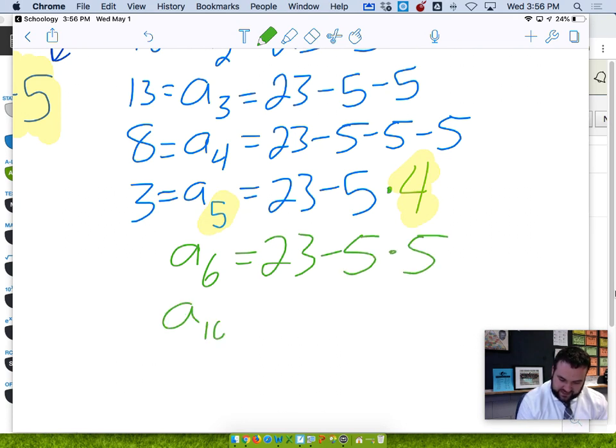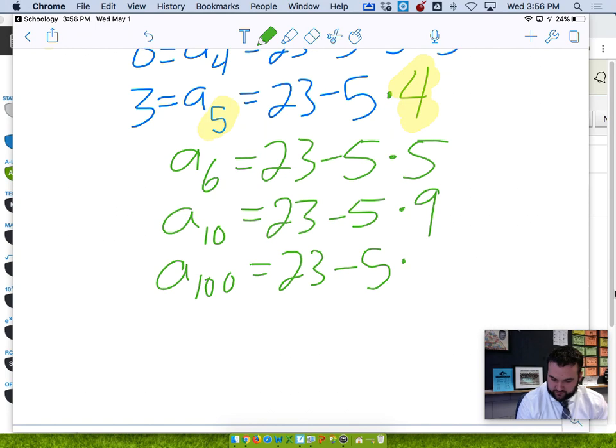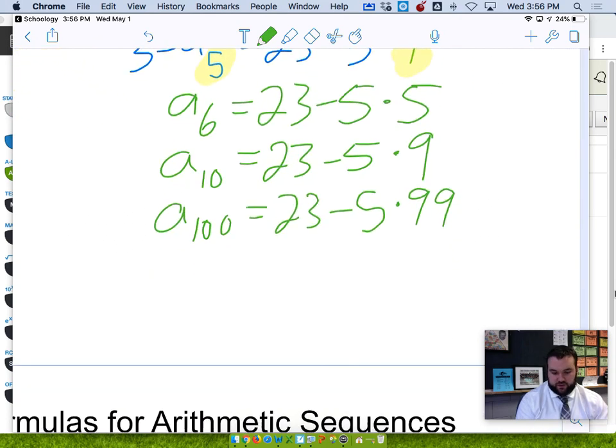Let's say I wanted the 10th term, I would take 23 and I'd minus 5 9 times. To get the 100th term, and by now you've probably already fast forwarded this, so maybe you're not even hearing what I'm saying, I'm just talking to the internet. But then here's what we want. Here's the reason that we do all that.